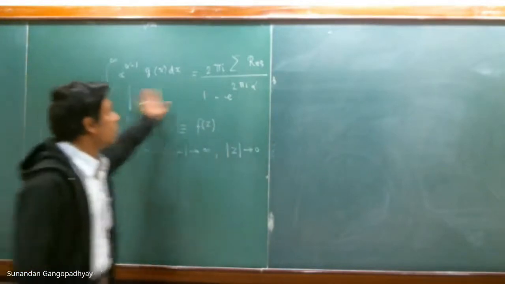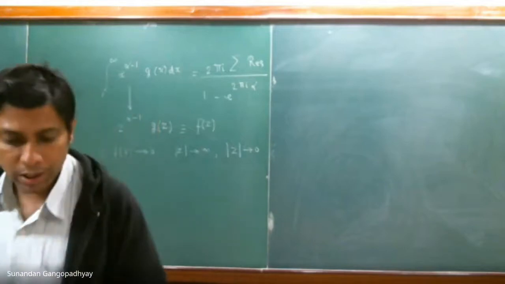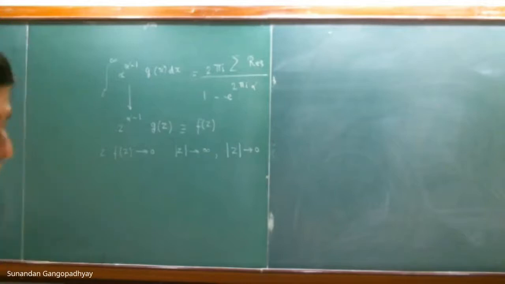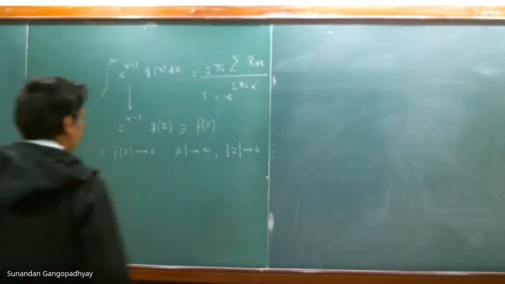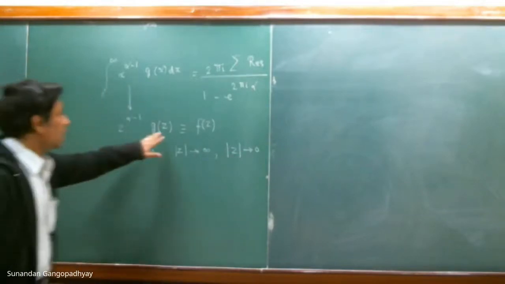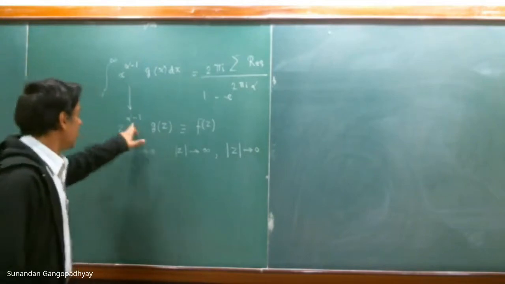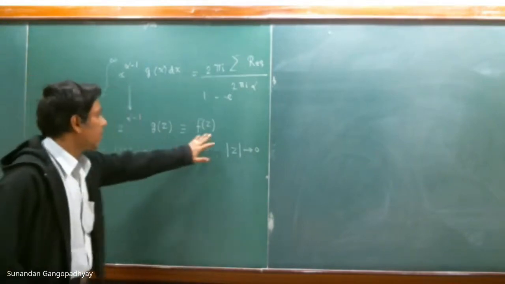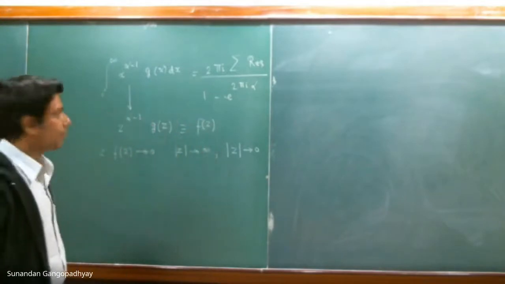So these are the conditions that it must satisfy. g(z) can have singularities in the complex plane, alpha is not an integer, and these are the conditions that are satisfied by the function f(z).